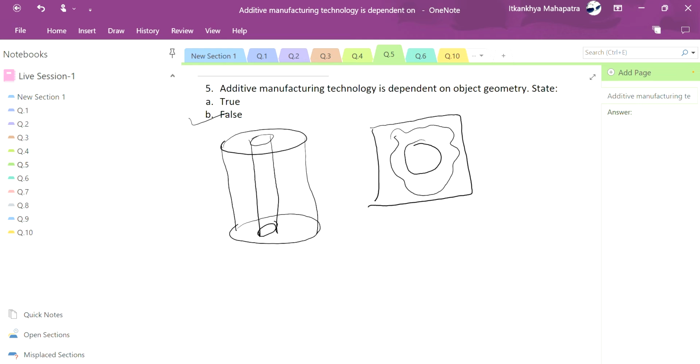See, what is done here is layer by layer.